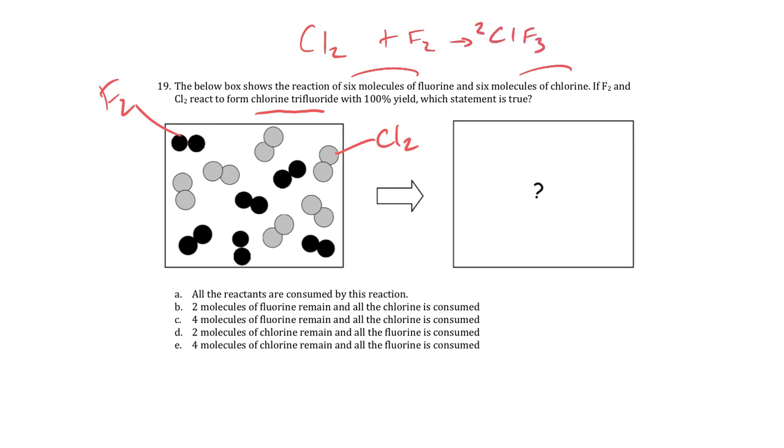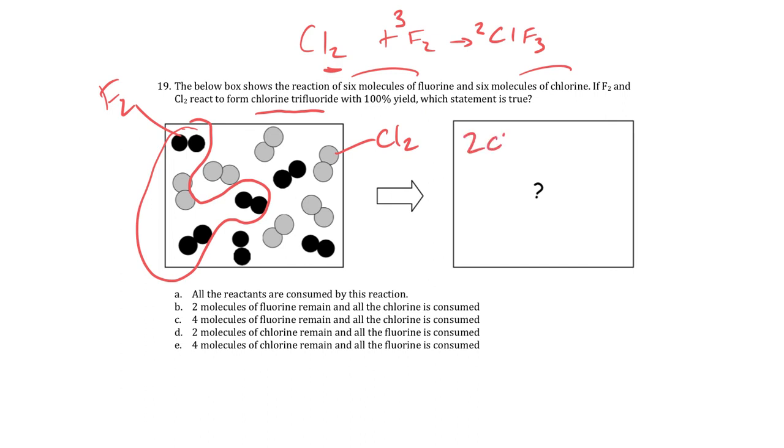So we're going to need a 2 here for 2 chlorines, and then we're going to need a 3 here for 6 fluorines on both sides. And so for my F2, I need to take 3 of my F2s, just 1 Cl2, something like this.